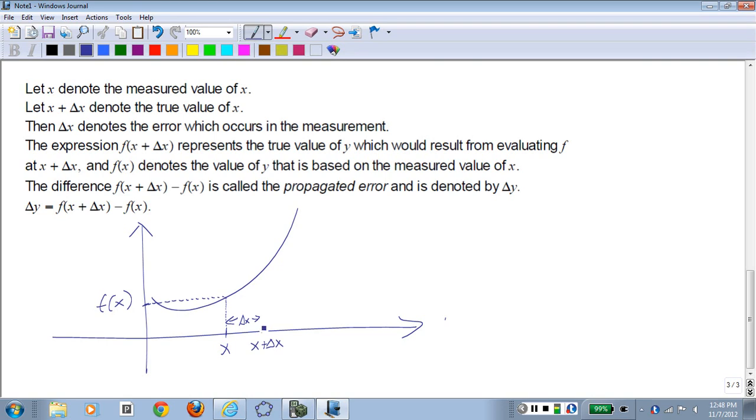But the actual value is f of x plus delta x. If we take the true value, that we don't know and never will know, and we were to evaluate the function there, what we would get is f of x plus delta x.